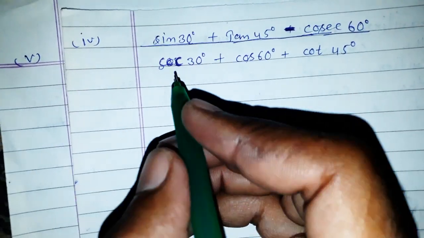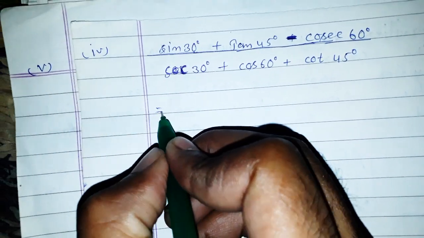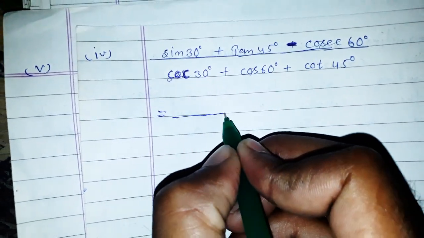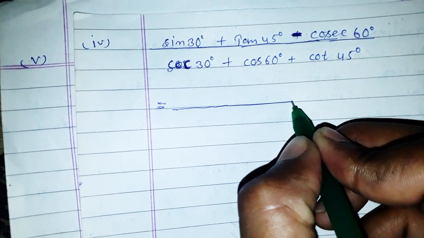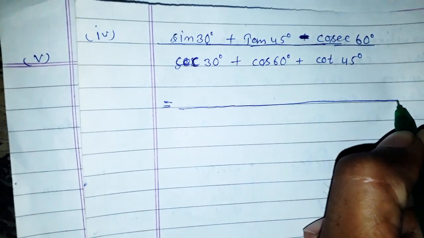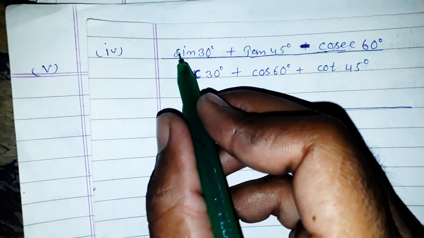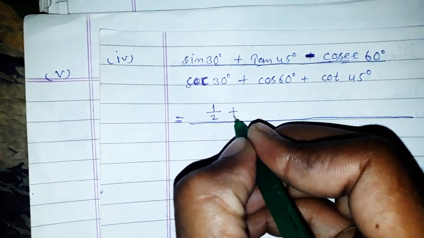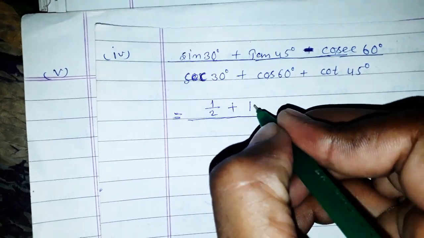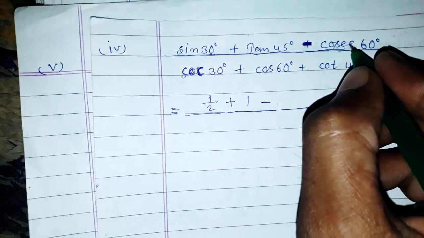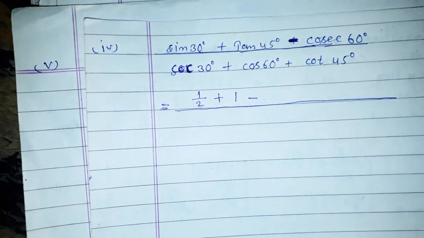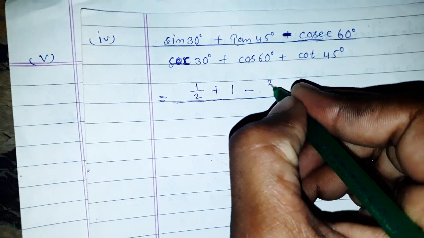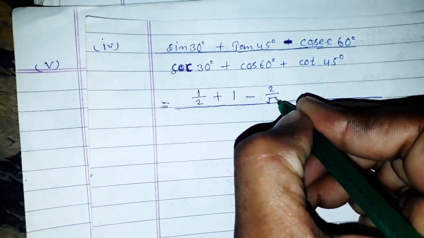Sin 30 degrees is 1 upon 2, plus tan 45 degrees is 1, minus cosec 60 degrees is 2 upon root 3.